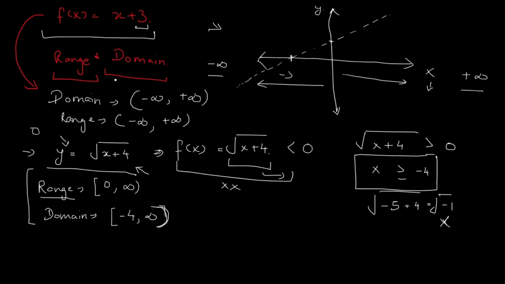Let's quickly do one example to find the graphical representation of range and domain. Assume an equation y equals 4x plus 3. Here the y-intercept is 3 and the x-intercept is somewhere here.